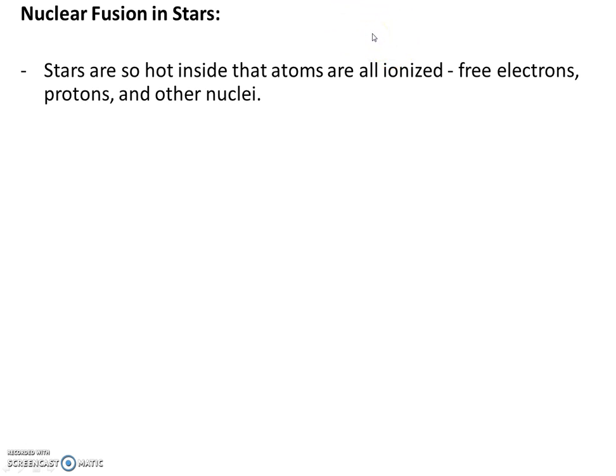Well, inside stars, it's so hot that for the most part, all atoms are ionized. In other words, the electrons are not bound in their electron clouds around the nuclei. They are ripped off because of the tremendous heat, and you have electrons flying around all by themselves, and the nuclei flying around all by themselves.